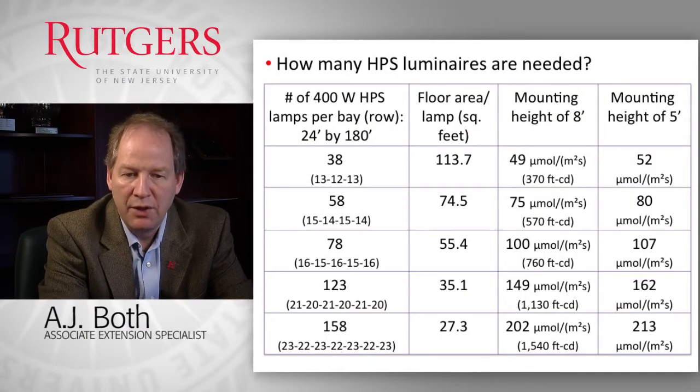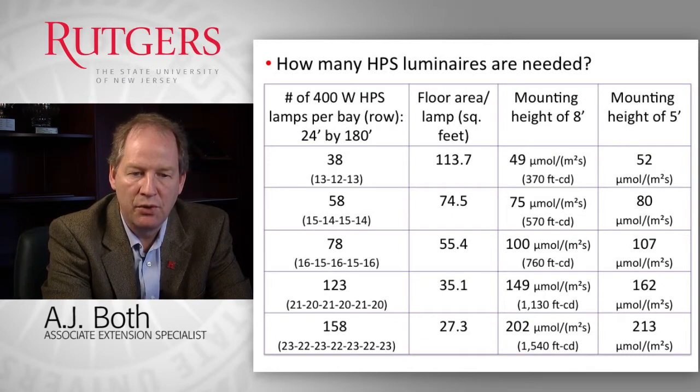So how many lamps are needed in greenhouses? This slide and this table is trying to show you approximations using 400 watt high pressure sodium lamps for a certain size greenhouse, in this case 24 by 180 feet long.